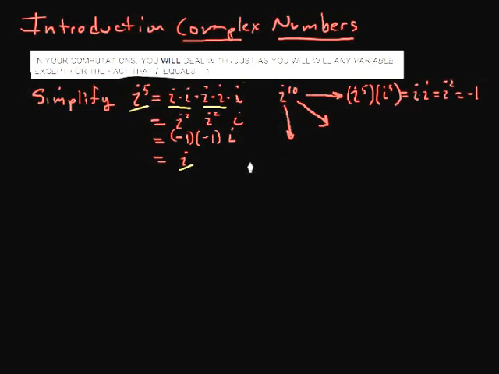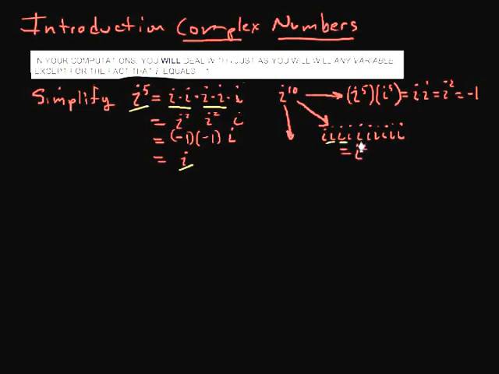Let's look at it another way. i to the 10th is i to the 5th times i to the 5th. This is 10 i's, all 1, 2, 3, 4, 5, 6, 7, 8, 9, 10 all in a row. How many groups of 2 are there? That's i squared. That's the first group.